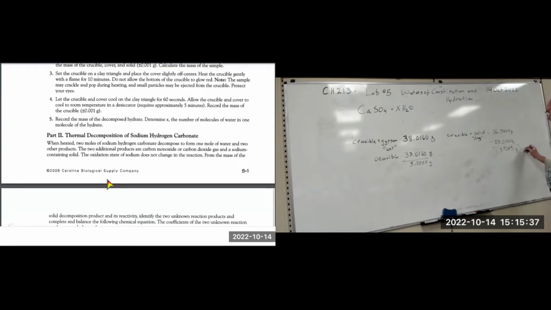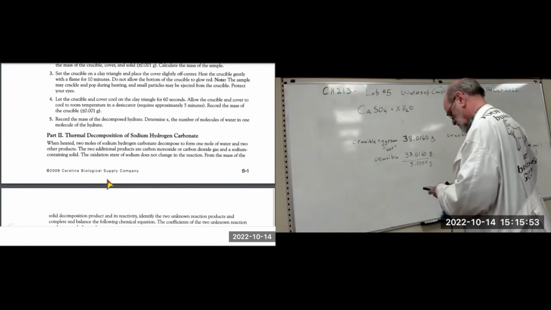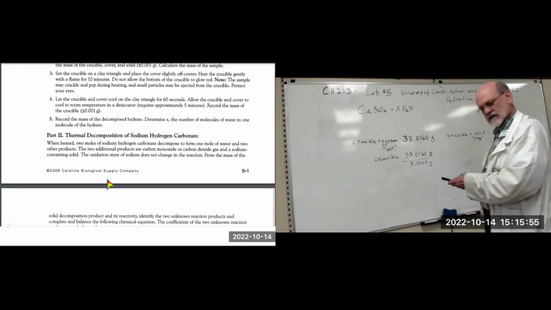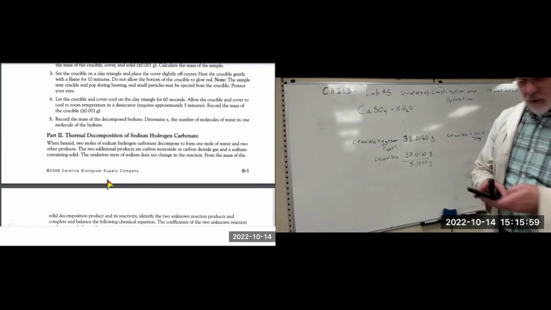We need the molar mass of calcium sulfate. Right? So we got to add it up. Got to find out calcium. Right? Calcium is 40.08. Yeah, 40.08.